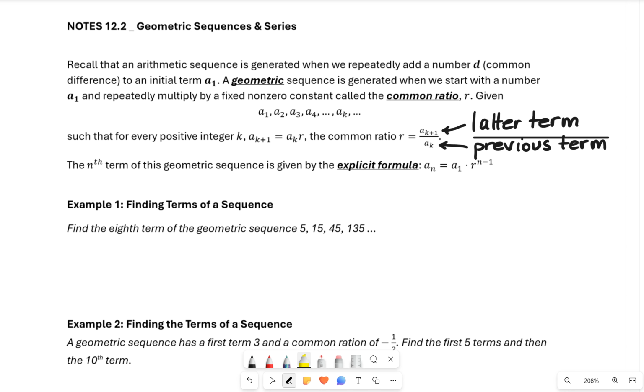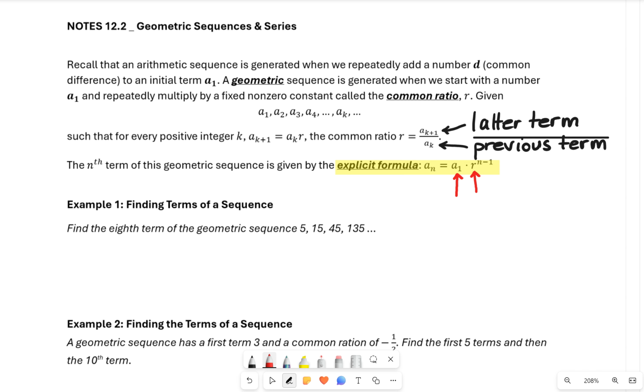Just like arithmetic sequences, you have an explicit formula for geometric. When asked to find the explicit formula, you will substitute in two locations, just like you did with arithmetic. I need you to find the first term, represented by a sub 1, and the common ratio, r, which I just showed you the formula for.